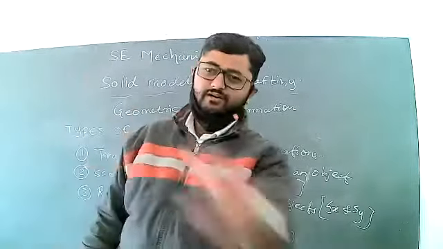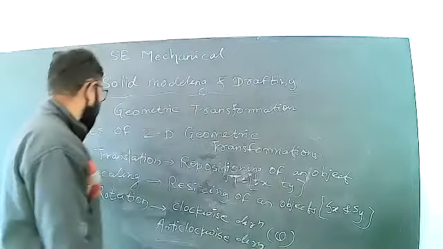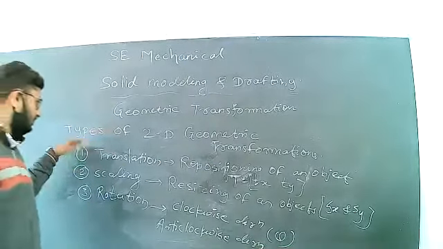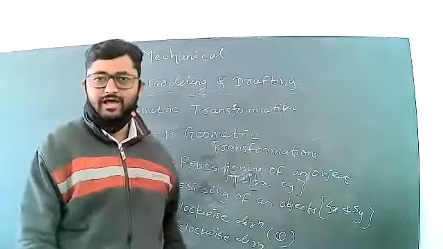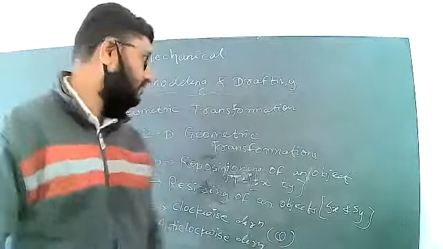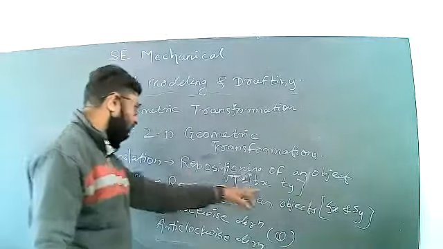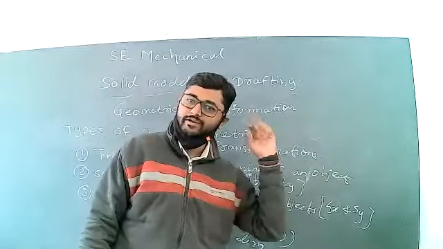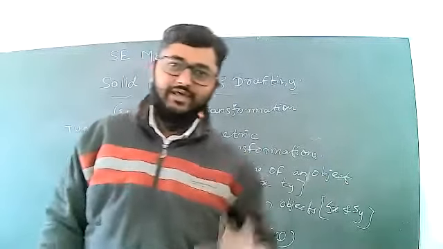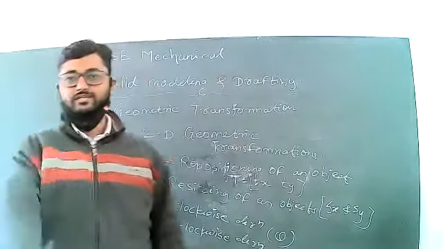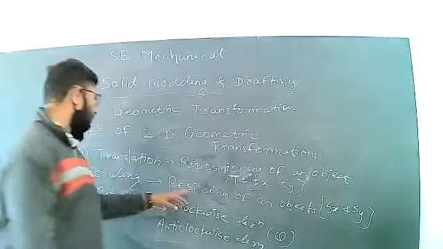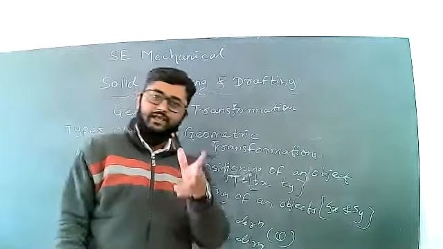So students, these are the three different types of geometric transformation. First is translation. Translation is repositioning of an object. Here we use terms Tx and Ty. Tx is translation in x-axis and Ty is translation in y-axis. Second type is scaling.